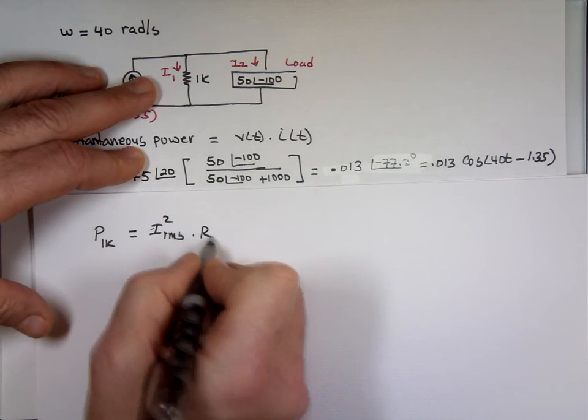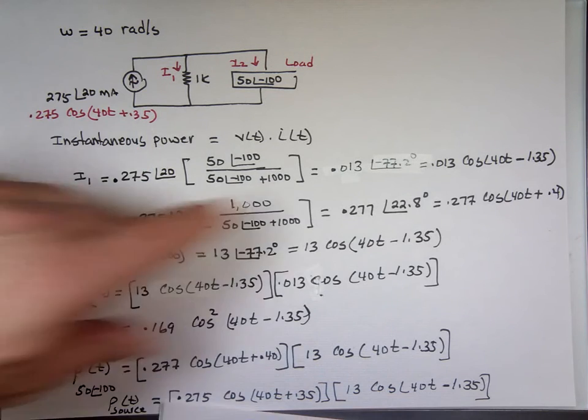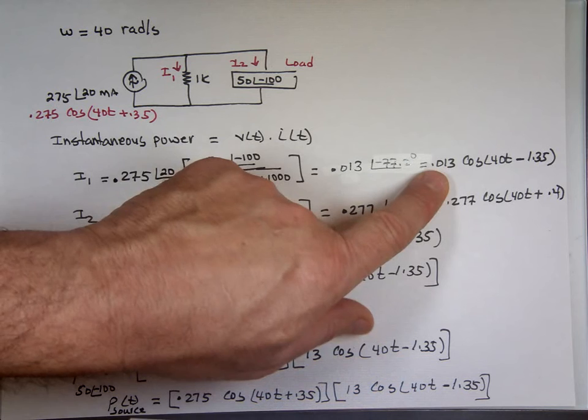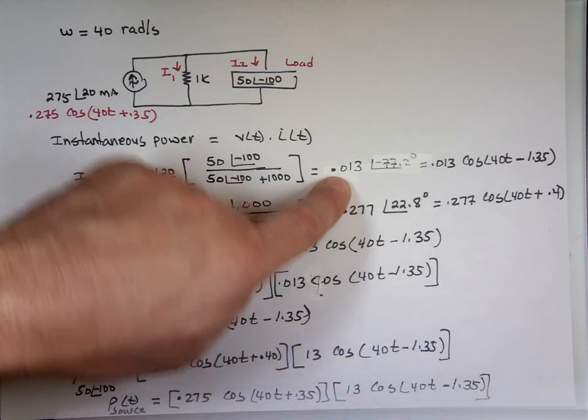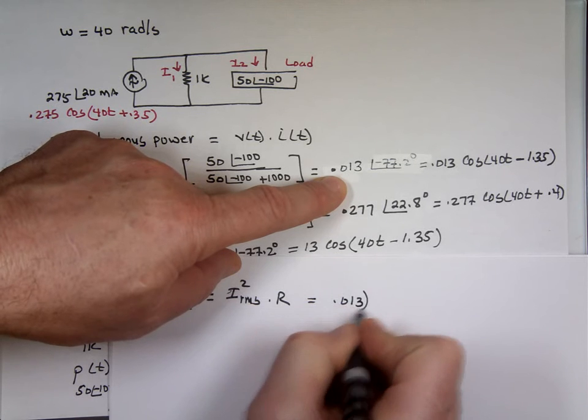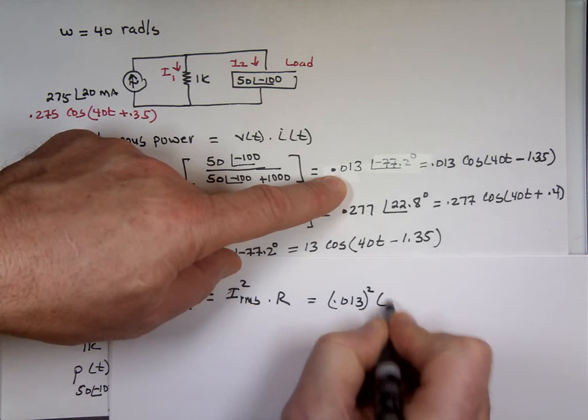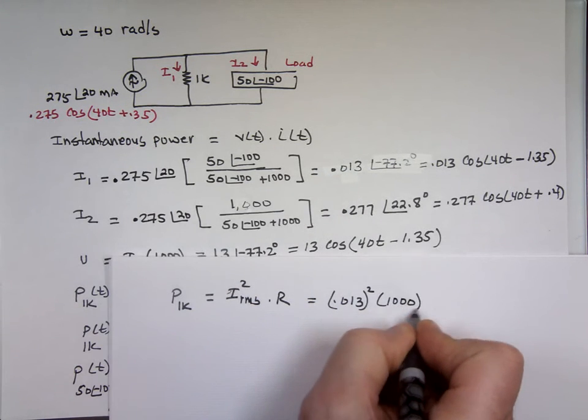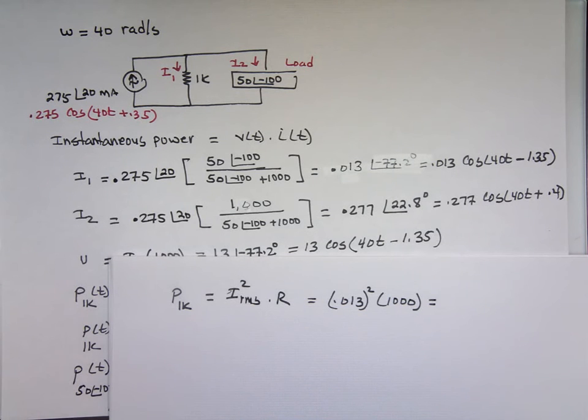I sub 1 is what? 0.013, squared times 1,000. 0.013 squared times 1,000 is 0.169 watts.